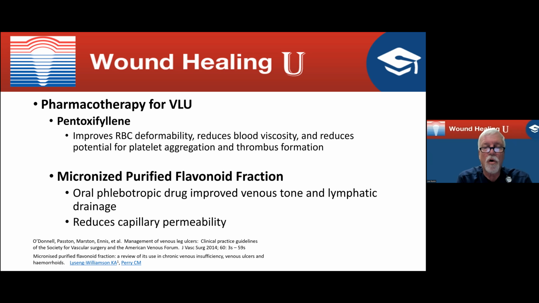This is an oral phlebotropic drug, which has been shown to improve venous tone as well as lymphatic drainage. Now, I will say that there's been quite a bit more literature out in the last 3 or 4 years regarding purified flavonoid fractions.